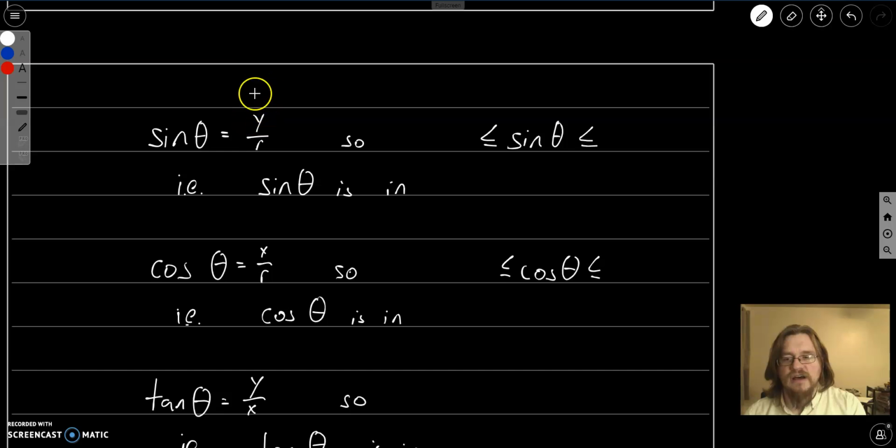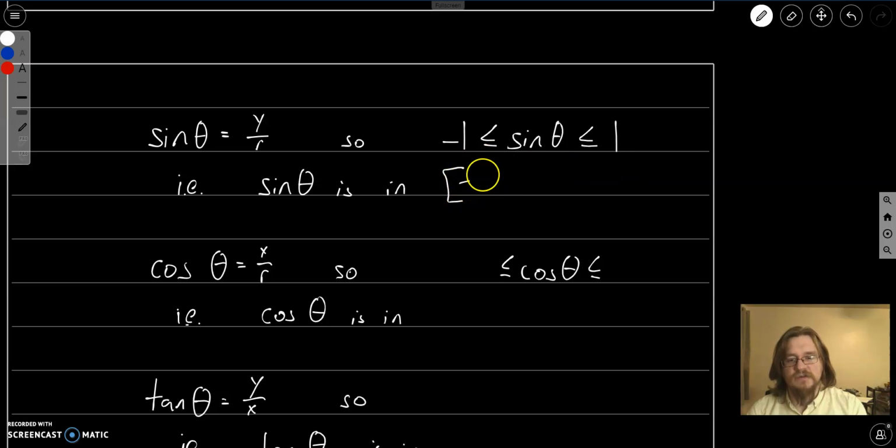And if I take a number and divide it by a bigger number, that means that this can never be bigger than 1. y could be negative, but again, in absolute value, this can never be smaller than -1. So the sine of an angle is always going to be between 1 and -1. It could be as big as 1, it could be equal to 1, it could be equal to -1, but it's always trapped in this range.